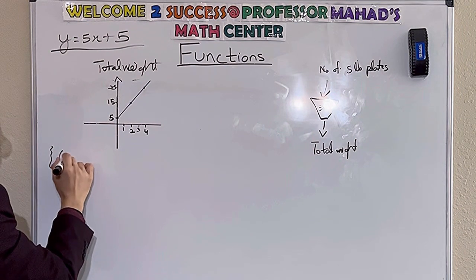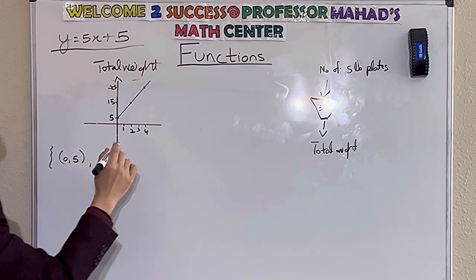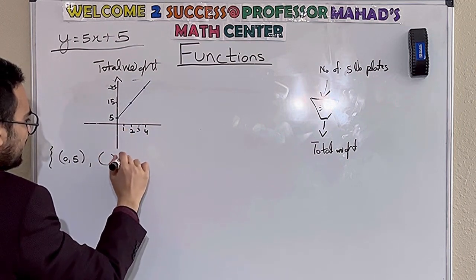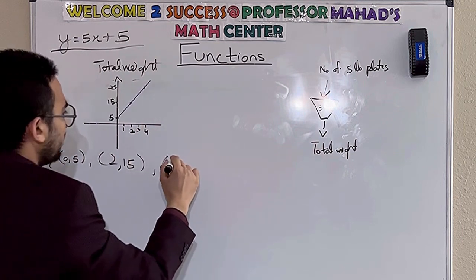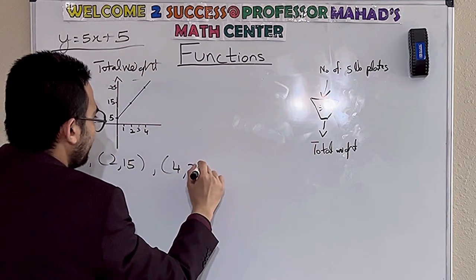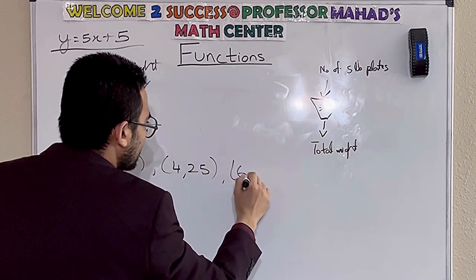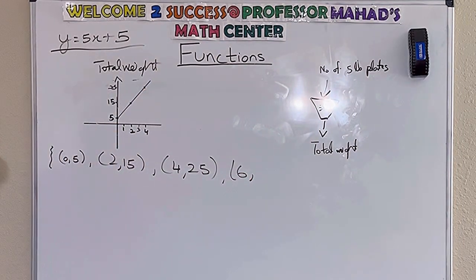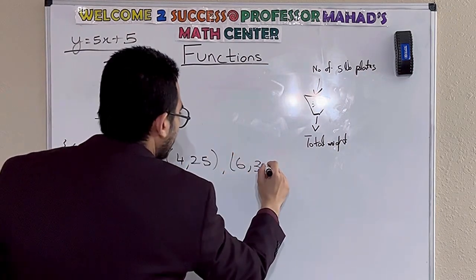I have (0, 5), and then (2, 15), and then (4, 25), and so on. It's going to go like (6, 35), right? 6 times 5 is 30, yeah, 35.